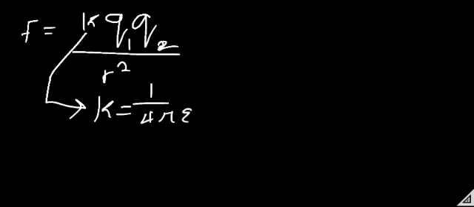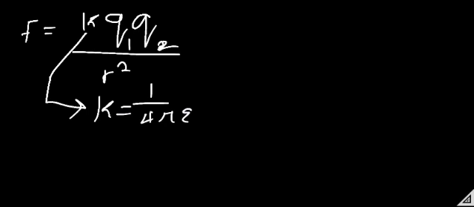And we know that the value for k is equal to 9 times 10 raised to power 9, and the value of epsilon for free space is 8.854 times 10 raised to power minus 12 Coulomb square per Newton per meter square, right? So we know all this.